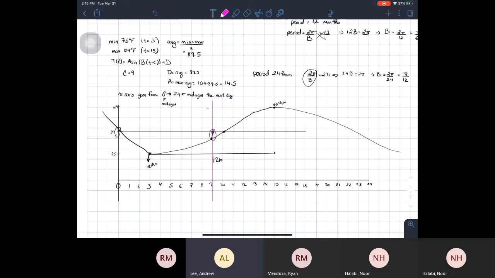But the reason it shifted over 9 is because sine graphs start at 0, and if you start this graph at 0, I guess this is kind of hard to explain, but you're basically shifting the whole graph 9 units over.